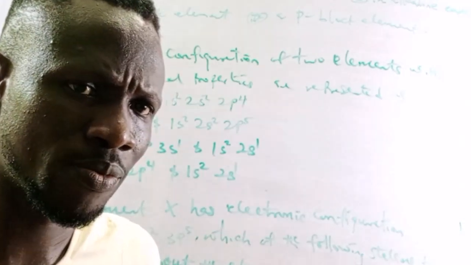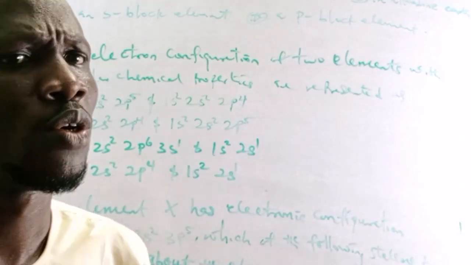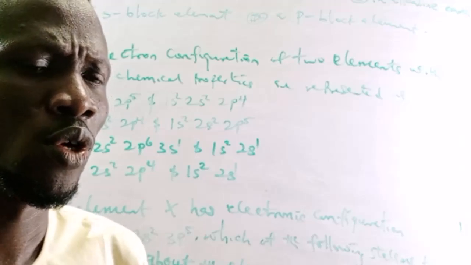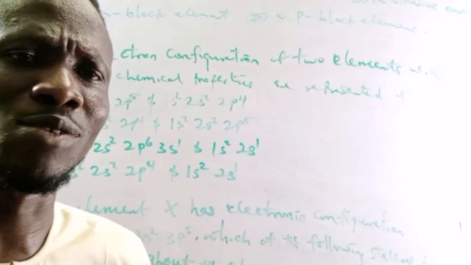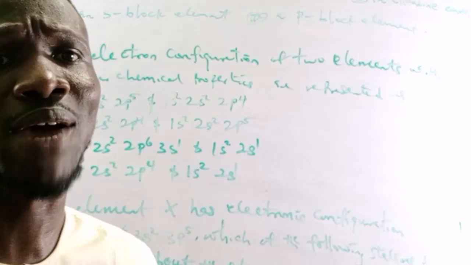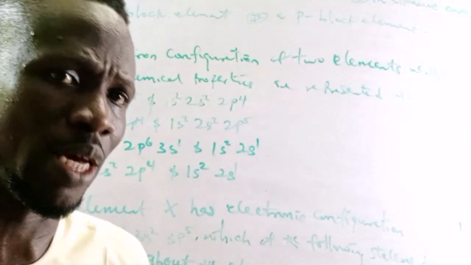It means they have the same number of valence electrons. I've told you that it is the valence electron that determines the group an element belongs to. Elements in group 1 have 1 valence electron. Elements in group 2 have 2 valence electrons. All the elements in group 3 have 3 valence electrons, and they have similar chemical behaviors.